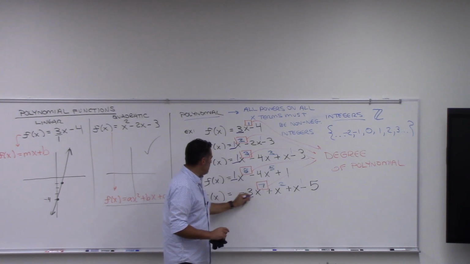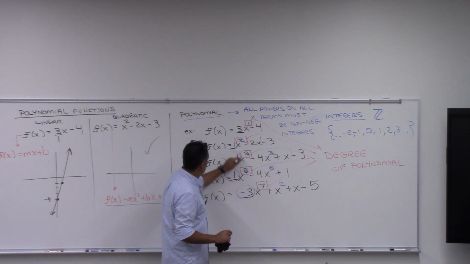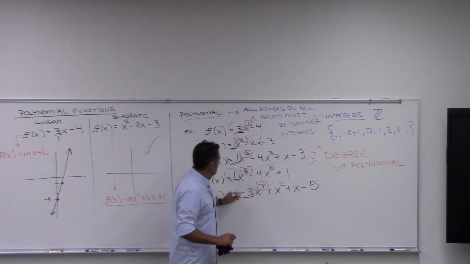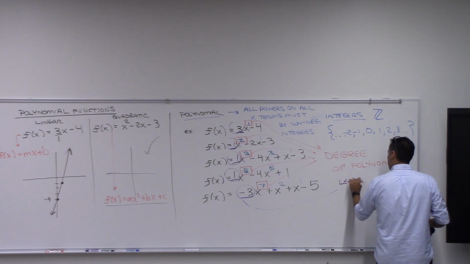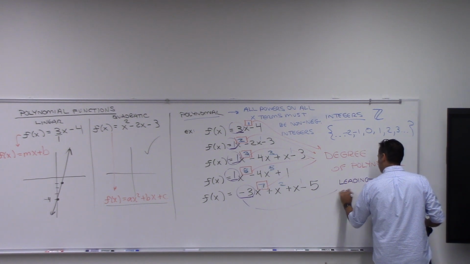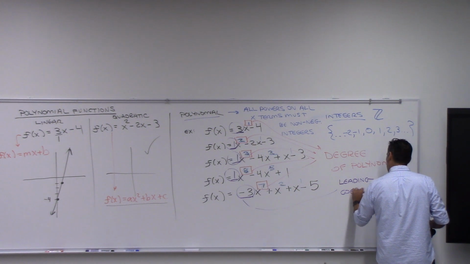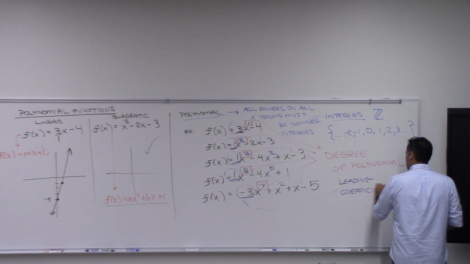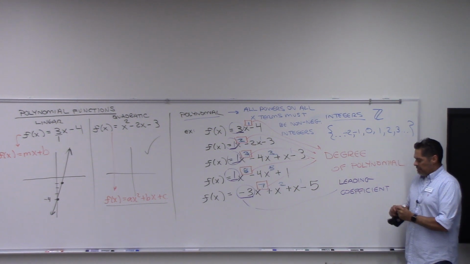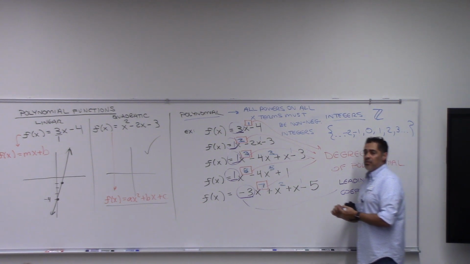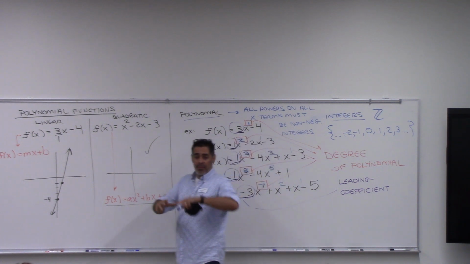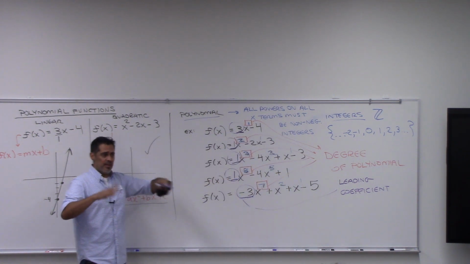That number right there is called the leading coefficient. And the leading coefficient, together with the degree, these two pieces of information are actually going to tell us a lot about what the graph looks like.